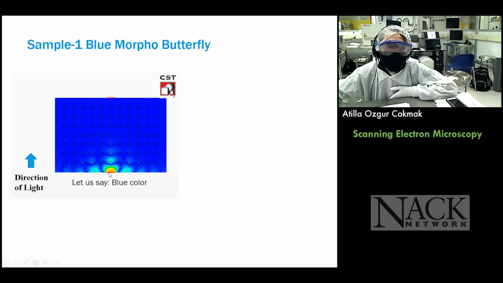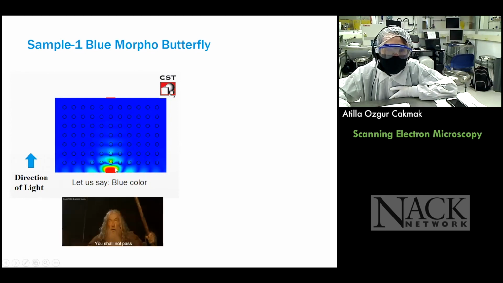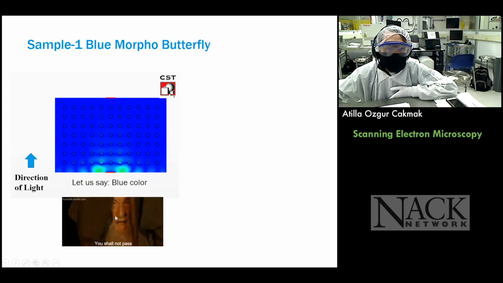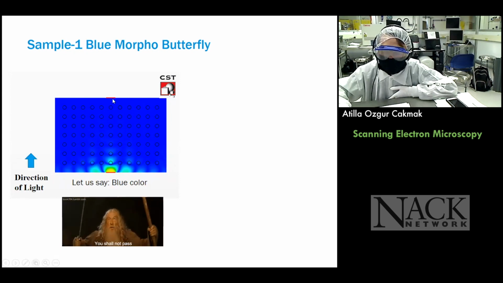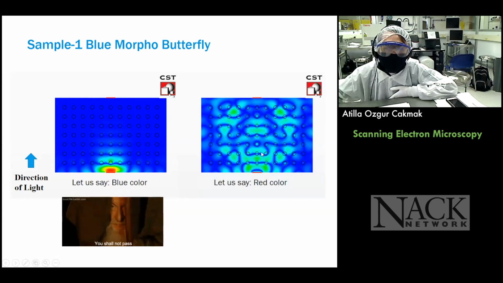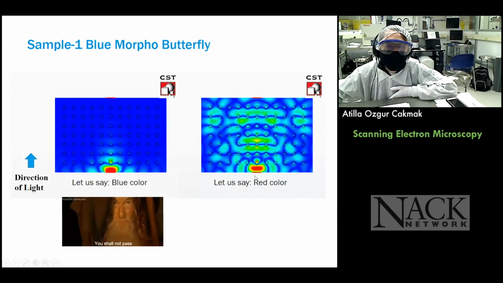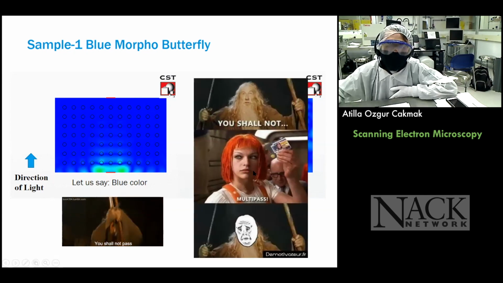What happens if you send, let's say in the case of blue Morpho, the blue color, and as Gandalf would say, you shall not pass, the blue color will not pass to the other side. But if you send the red color, this particular wavelength in the fiber optic communication will be transmitted to the other side. So we have no problem.